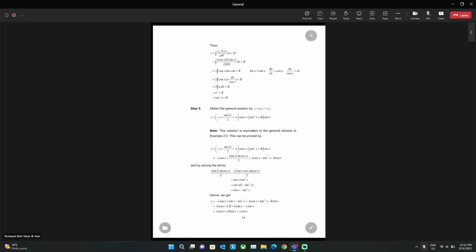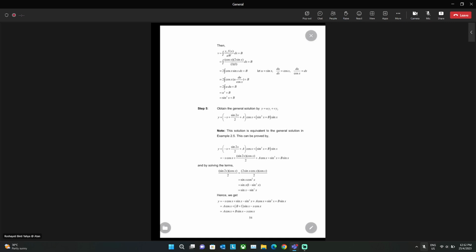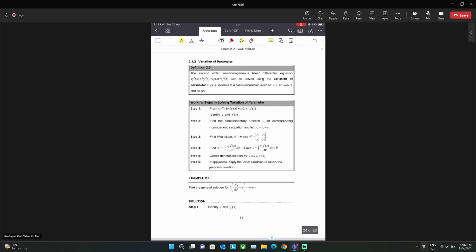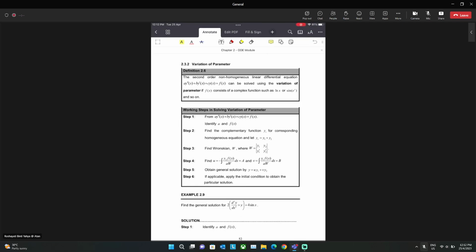I nak pergi, kelas kita ni tak terlalu lama. I nak go for variation of parameter. So this is the second method or second technique that you can use to solve second order but for non-homogeneous.